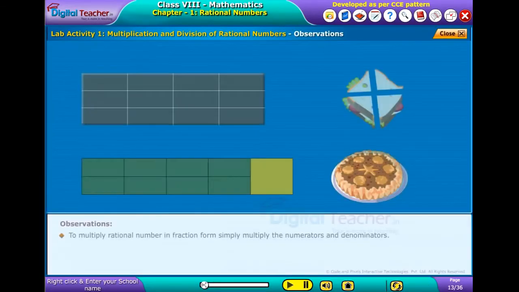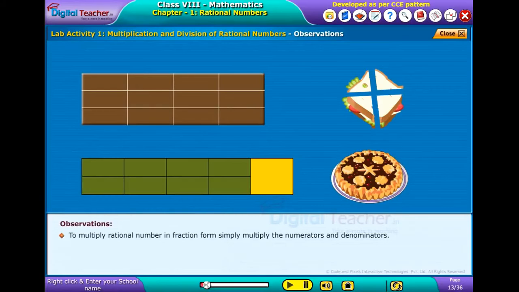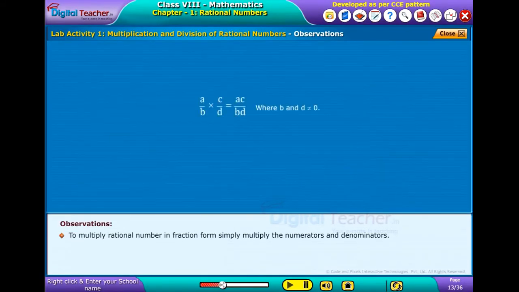From the above activity, we observe that to multiply rational numbers in fraction form, simply multiply the numerators and denominators, that is a/b × c/d is equal to ac/bd, where b and d are not equal to 0.